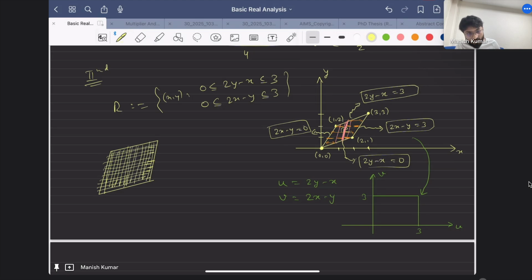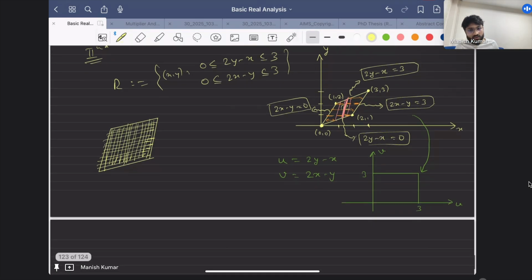You can think of it like this, right? Yes, sir. So now how these lines are varying, it's varying from 0 to 3 units, and this is how you do it in polar coordinates as well, right? So if you represent this x, y, this is r and this is theta.